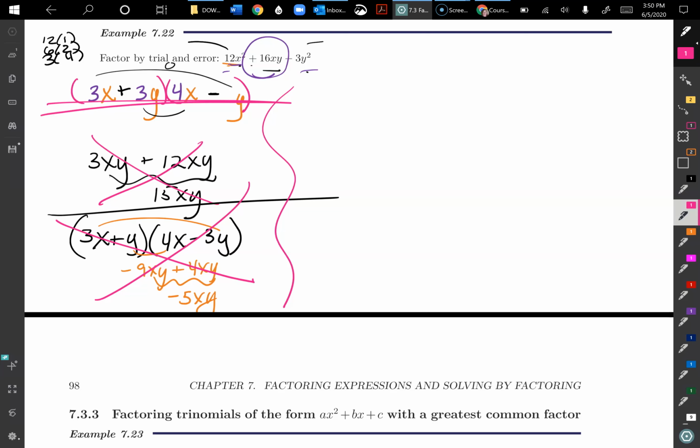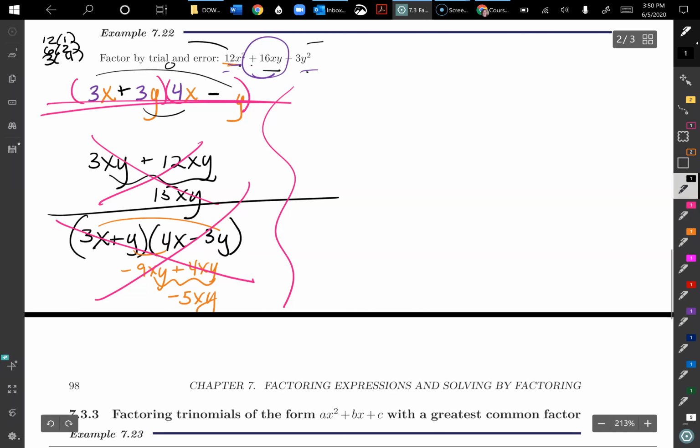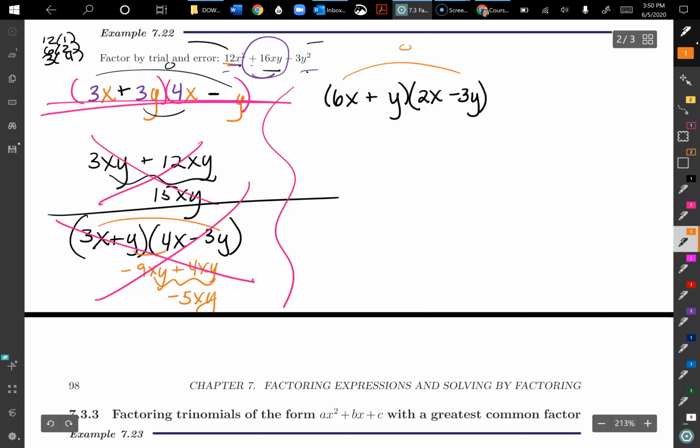So now I'm going to try the 6 and the 2. So let's try that. I'm going to do 6x plus y and a 2x minus 3y. And let's see how that works. So my outside would be 6x times the negative 3y, which is negative 18xy.